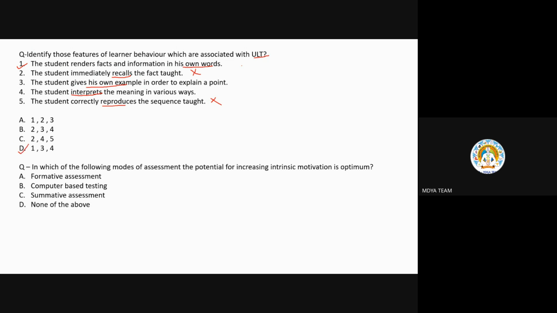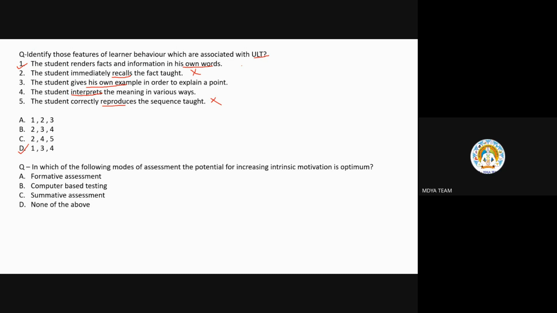Now the next question. In which of the following modes of assessment is the potential for increasing intrinsic motivation optimum? Option B, ma'am, computer based.